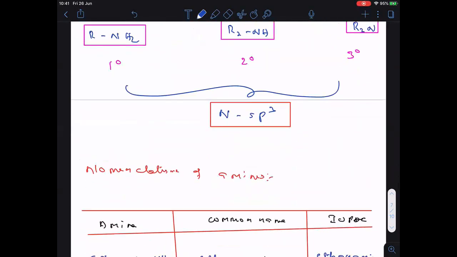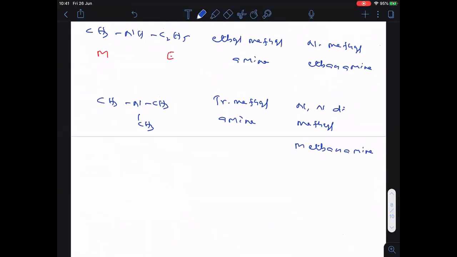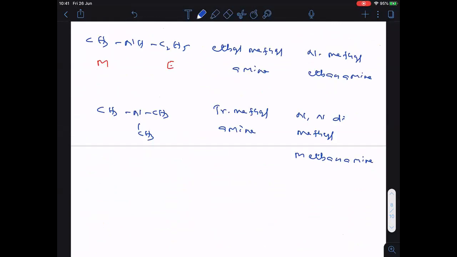Then nomenclature of amines, and secondary and tertiary amines. Now preparation and properties of amines we are going to see in the next class.